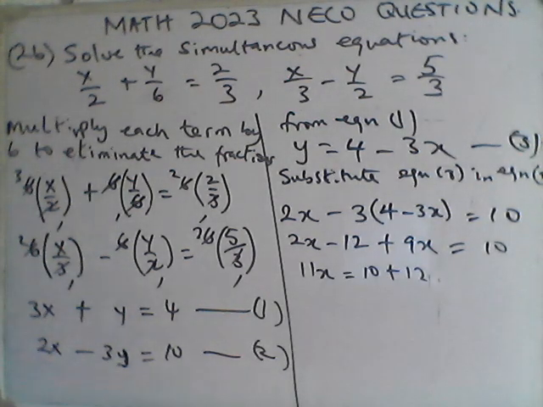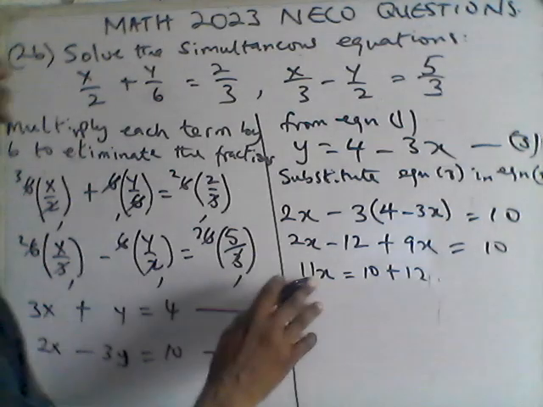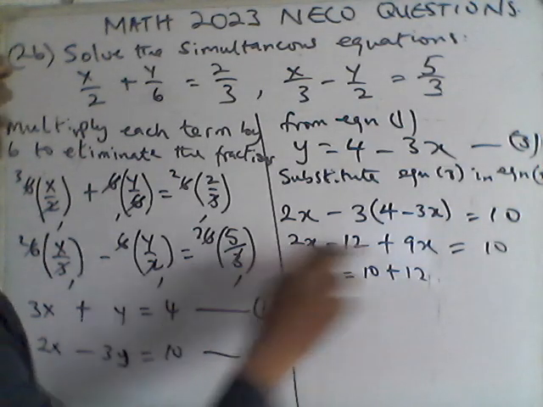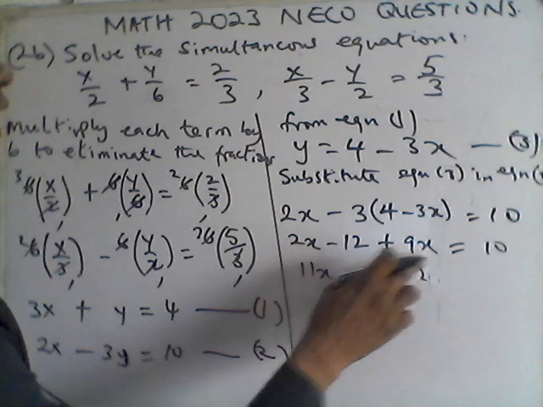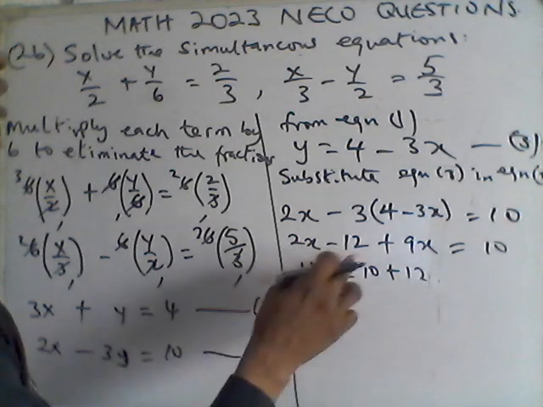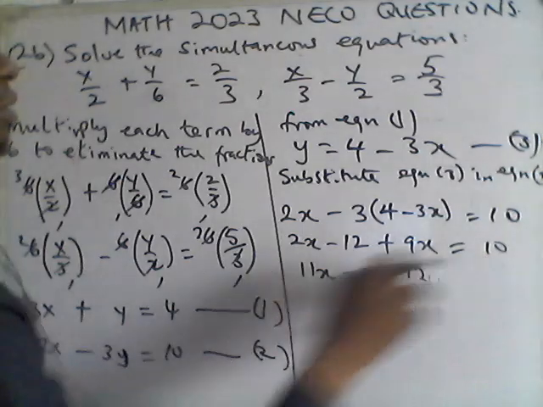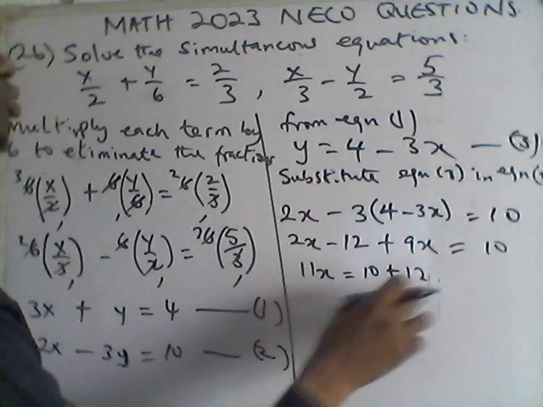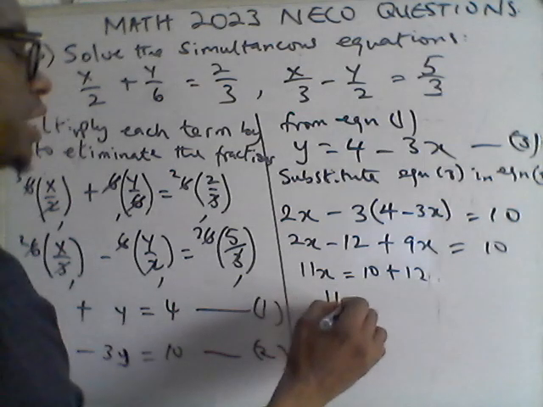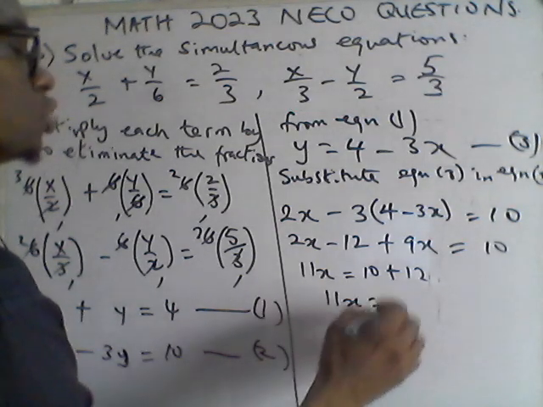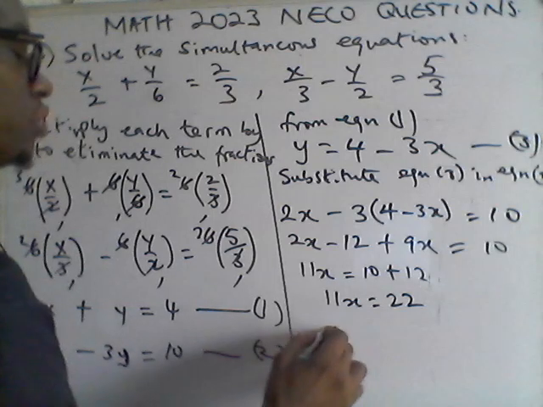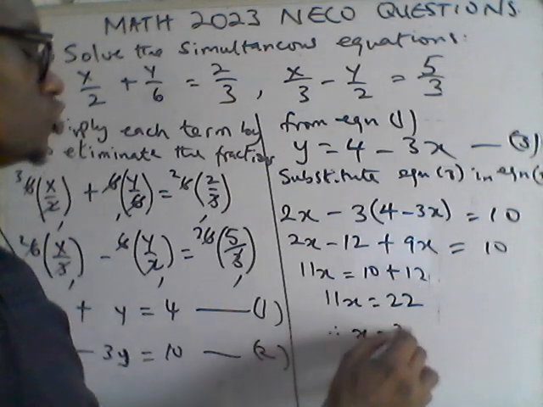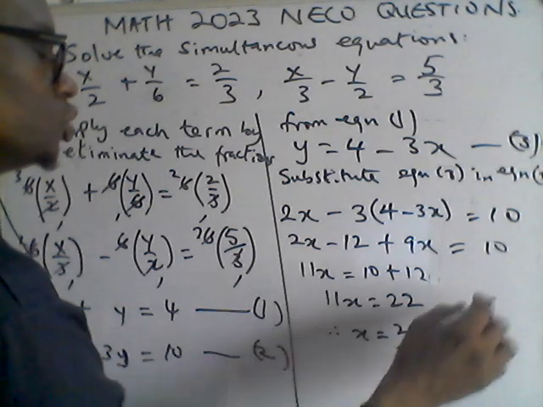Okay. So it's going to be 2x plus 9x is 11x. Then 10 here. Then minus 12 will go and meet 10 and it becomes plus. So I have 11x is equals to 10 plus 12 is 22. So therefore x is equals to 22 over 11, which will give me 2.